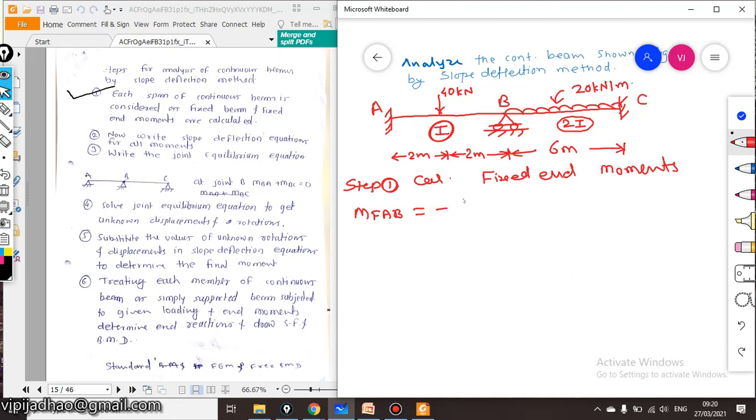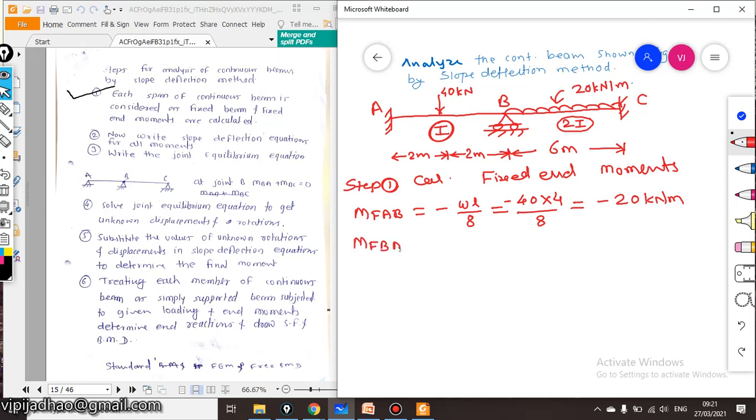Keep in mind the fixed end moment on the left side will be negative. So just put the values: W is equal to 40, L is 4 meter, divided by 8. So this will be equal to minus 20 kilonewton meter. Similarly, calculate the fixed end moment MFBA.